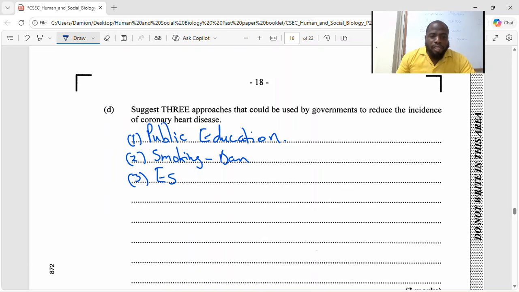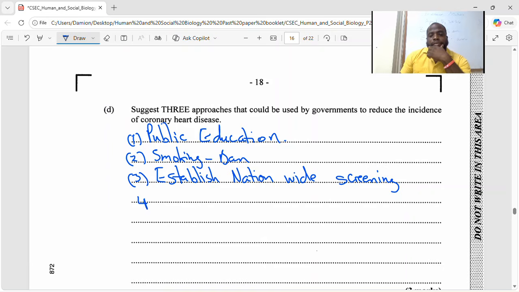We can establish nationwide screening. This will help with identifying the disease, because one of the best things that can happen if you happen to have the disease is that the doctors find out about it early.